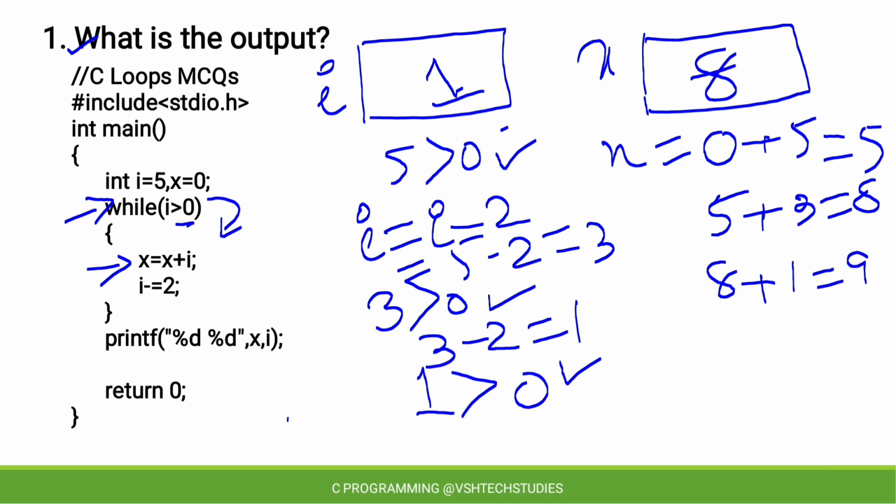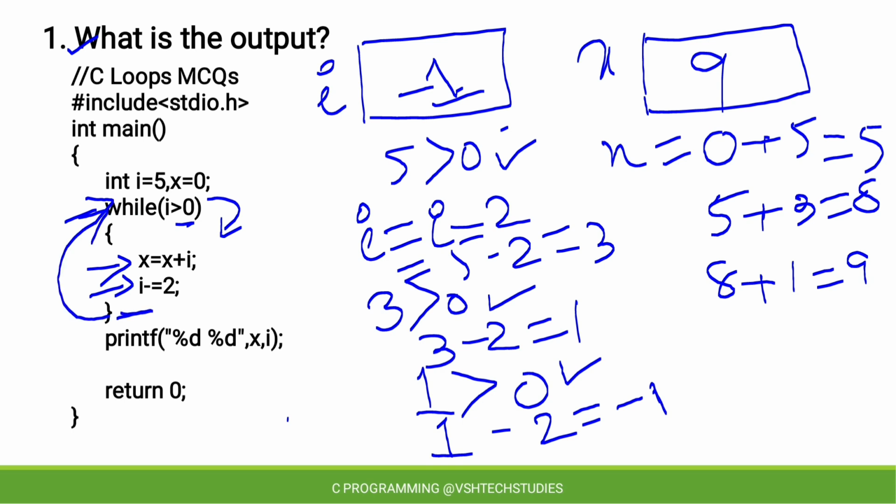So 8 is taken out and 9 is stored in x. Next, I equal to I minus 2. I is 1 now. 1 minus 2 is minus 1. Okay. So now I becomes minus 1. Now control again goes back to the while loop because the loop end is here. So the third iteration is over.